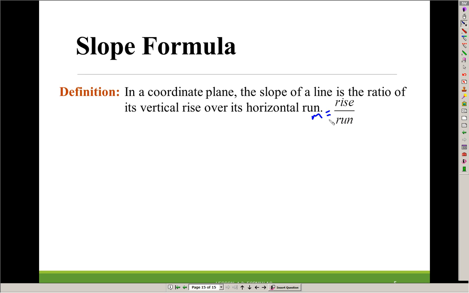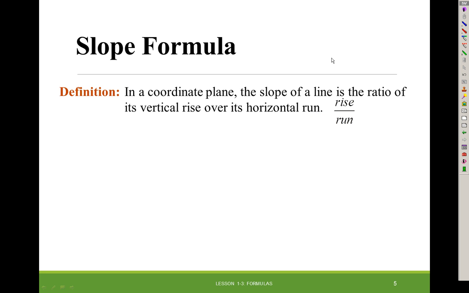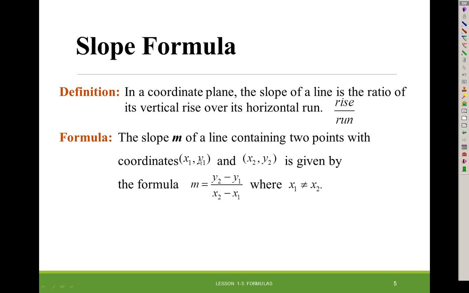M is the slope. The official formula, the slope of a line between 2 points, M equals y2 minus y1 over x2 minus x1. And x1 and x2 can't equal each other because then you would be dividing by 0. And you'll see what happens when that occurs. You have to remember the y's are on top, the x's are on the bottom.